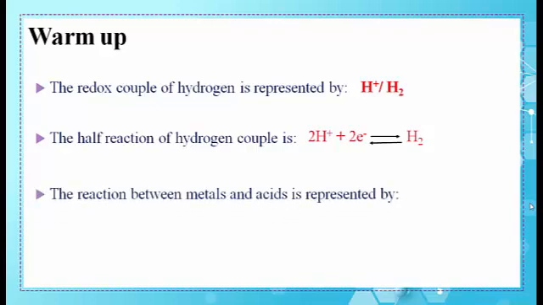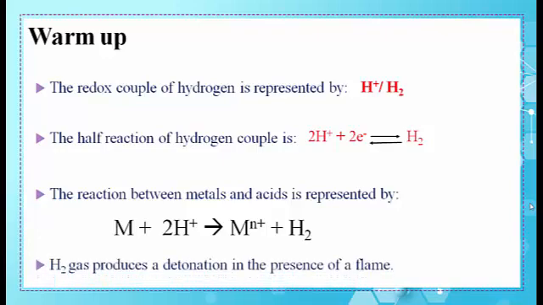We said that the reaction between metals and acids is represented by M, which is the metal, plus nH+, which is the acid, react together to produce M^n+, which is a metal ion, and H2 gas. Also, we said that H2 gas can be identified by producing a detonation or a pop sound in the presence of a flame.